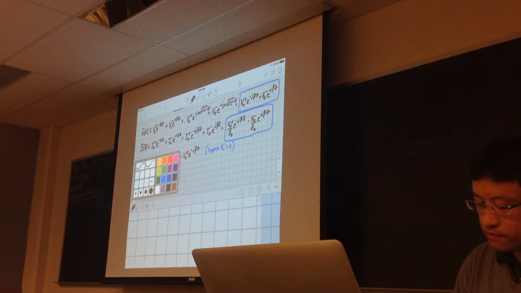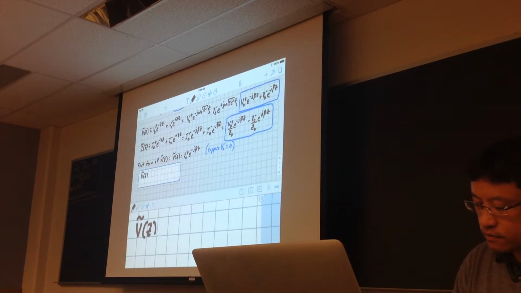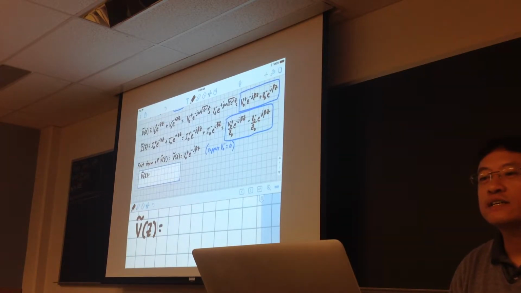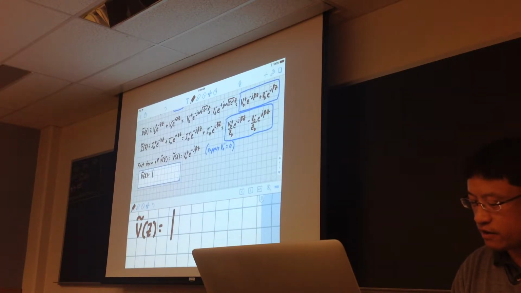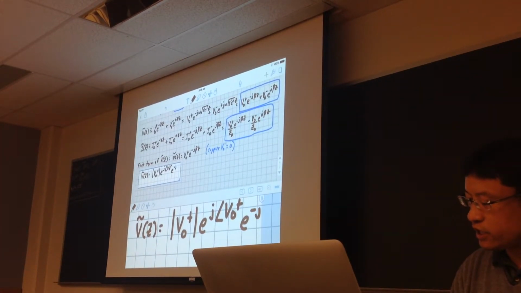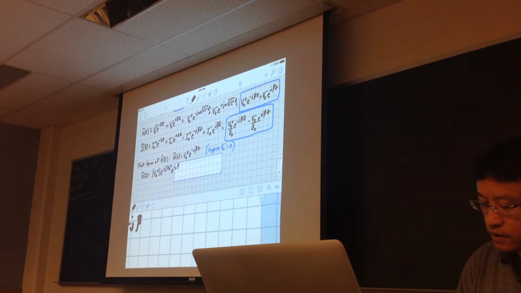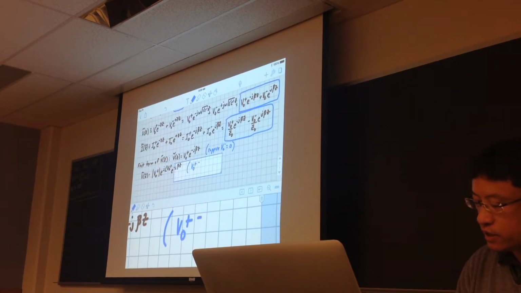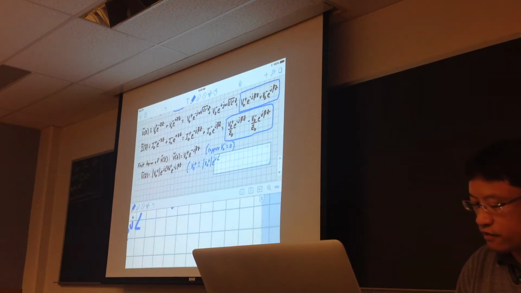V of z is, V0 plus is in general a complex number, so let me break that constant into some magnitude and phase. That's V0 plus, and then I still have my e to the minus j beta times z.